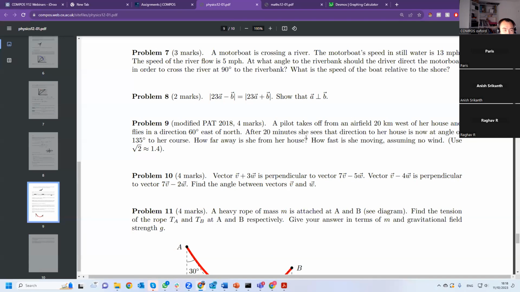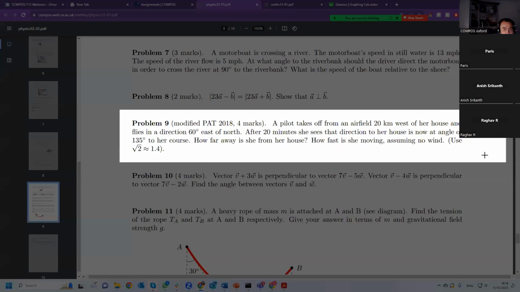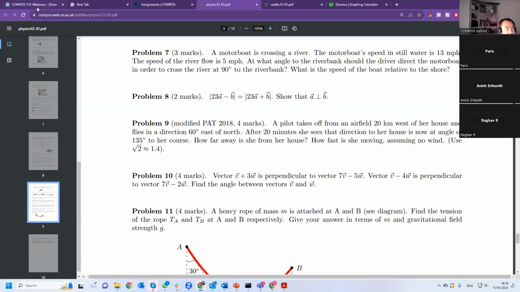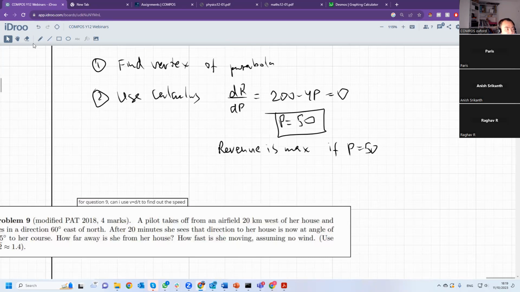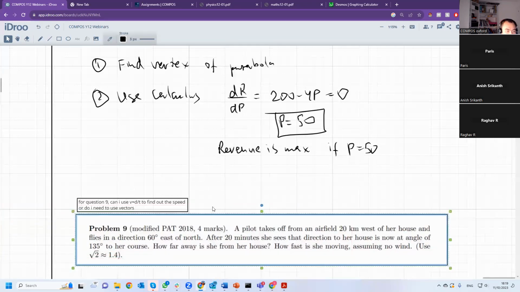Well, you can use v equals dx/dt for the straight sections, of course. Yeah, I don't see a problem. For straight sections, yes, you can.